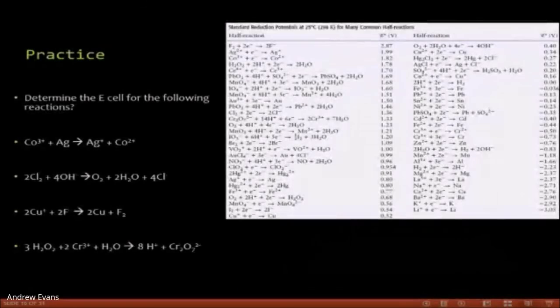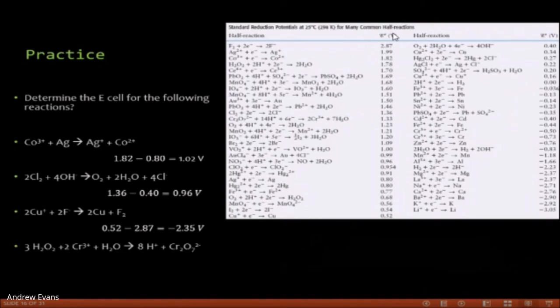But as I said, this is a little bit different, but not necessarily harder. You have to find the numbers from the table, and you just have to subtract them. If you can do that, you can find the cell potential.